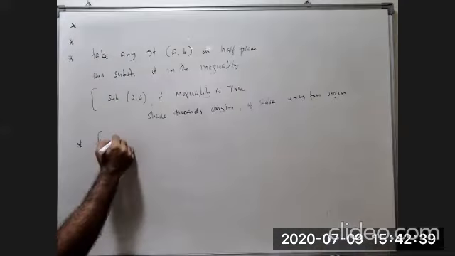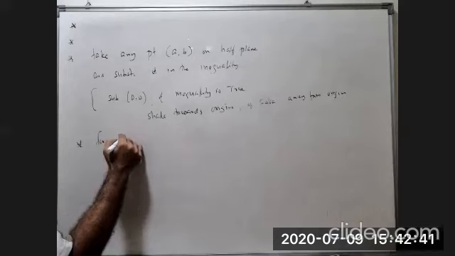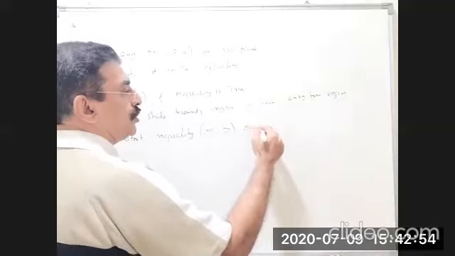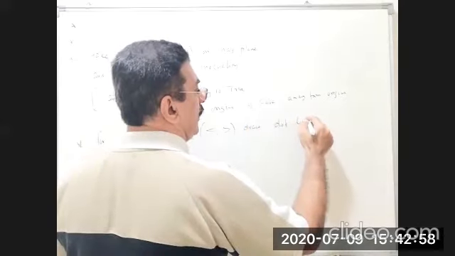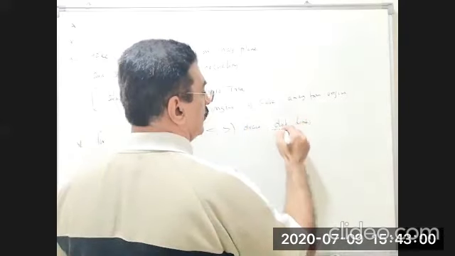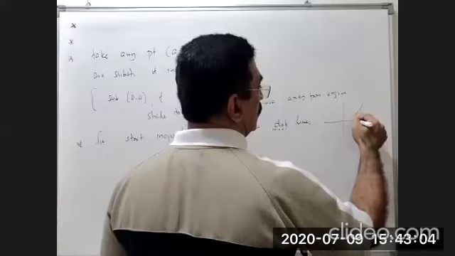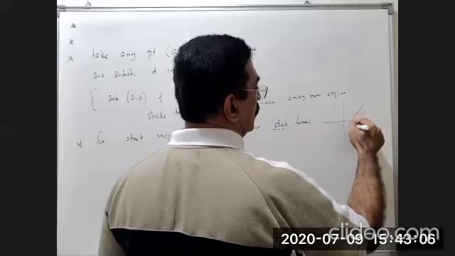The next one. For strict inequality, strict inequality means less than or greater than, draw dotted lines. Dotted lines look like this.